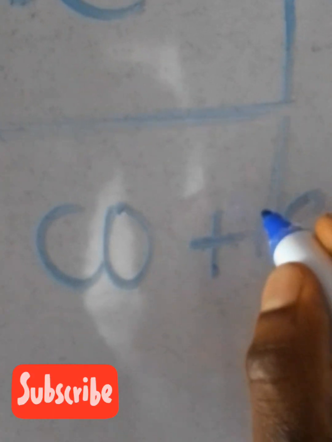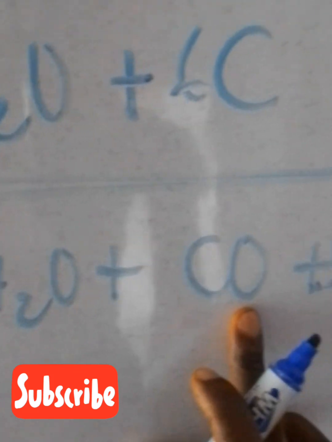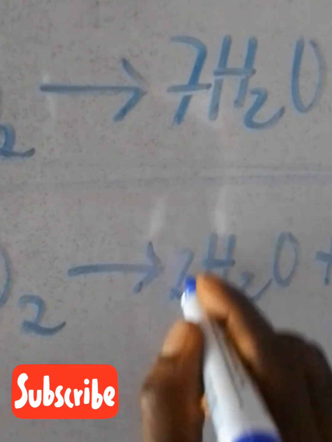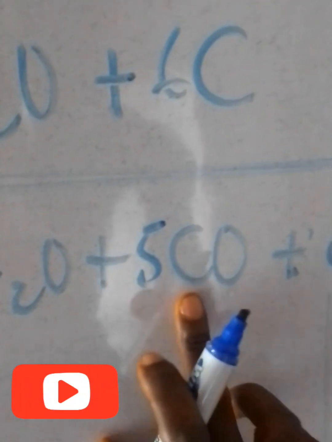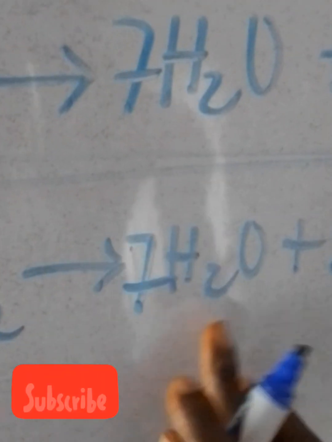To balance this equation, we have carbon 6 here, and we can decide to write 5 here, plus 1, 6. Carbon is 5 plus 1, 6, balanced. Now, hydrogen 13 plus 1, 14. Coming here, you write 7, balanced.